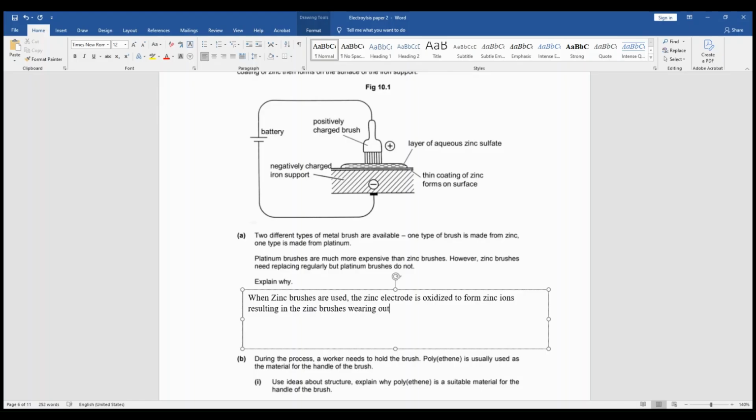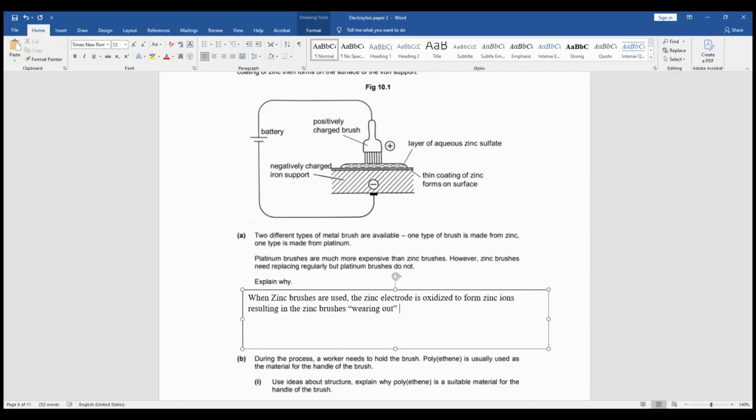Now I might want to put a hyphen, because this wearing out and our common sense of wearing out is a bit different. That's due to friction, but this is obviously due to electrolysis.